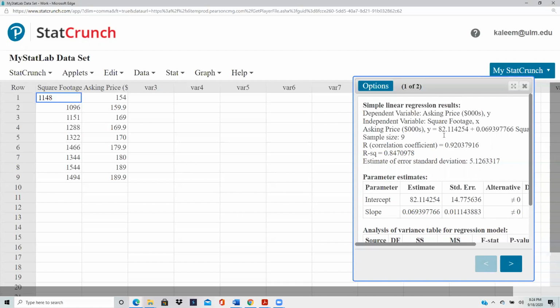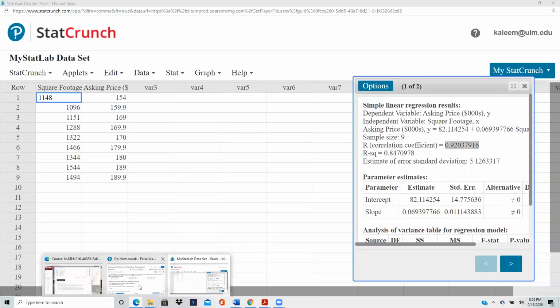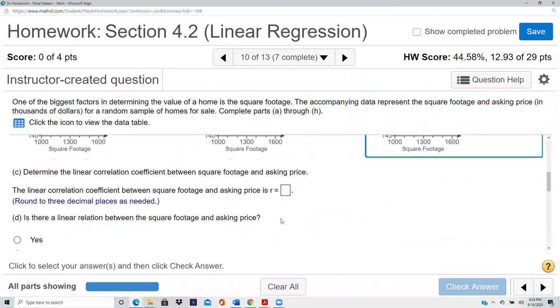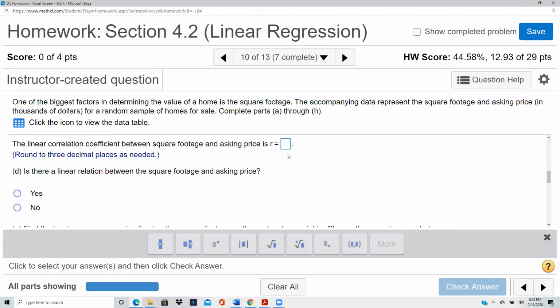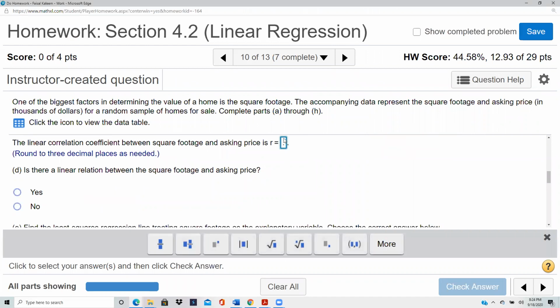So I'm just always using this, and we actually never need that other one. The correlation coefficient here is 0.9204, about 0.92.